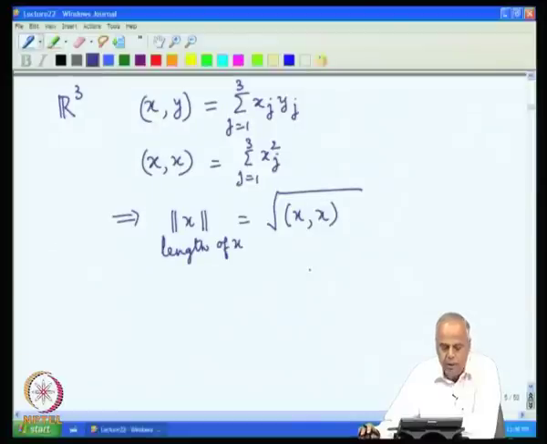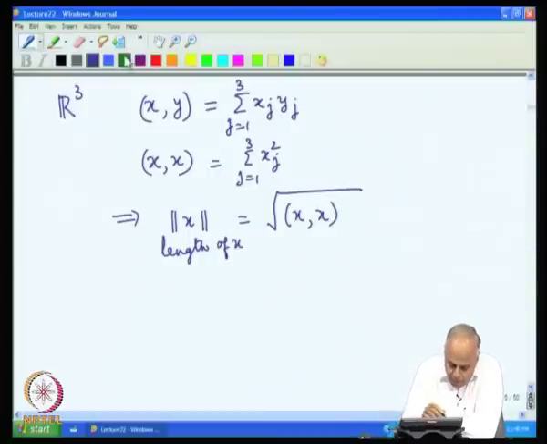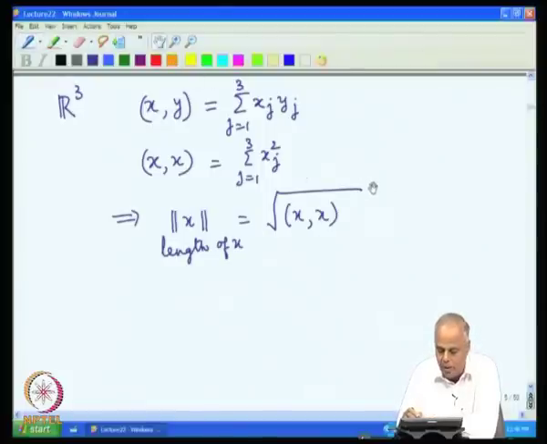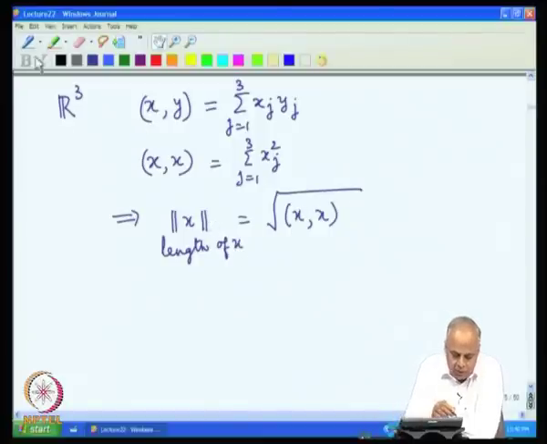Now, this is generalized to define the length of a vector from the inner product through this definition. So, the moment we have the notion of the inner product, we can define the notion of the length through this definition, by the experience that we gain from looking at R 3.